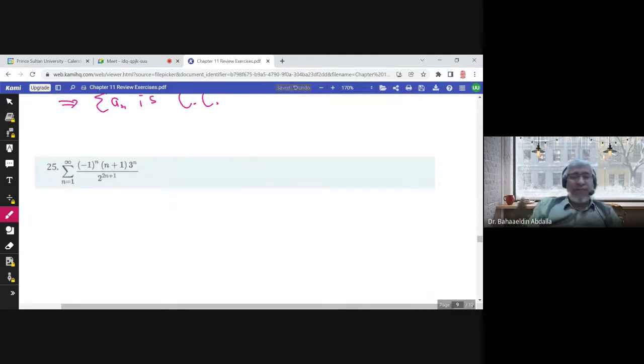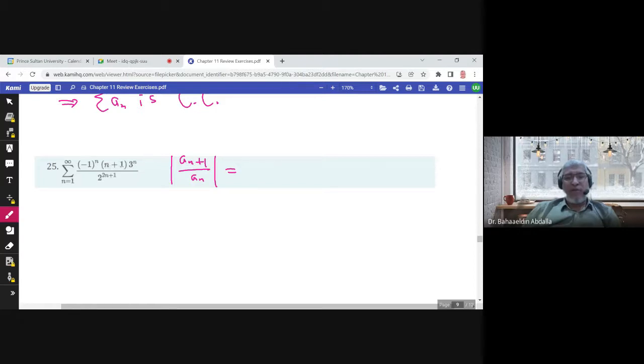25. Well, I have power n, power 2n, and n plus 1. So I'll use the ratio test. The negative 1 will disappear with the ratio test, so there is no need to write it.